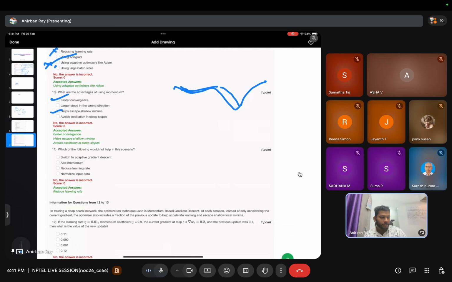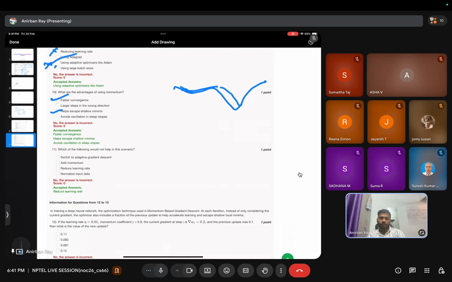Avoid oscillation in steep slopes. Does it really help here? This is not the main benefit actually. It is not a benefit at all. Using momentum actually leads to oscillation in steep slopes.